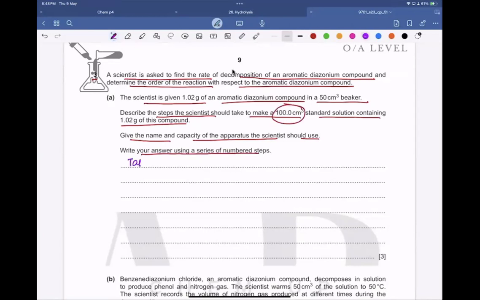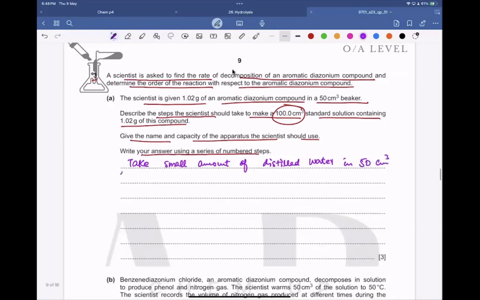So what you will do, take a small amount of distilled water in the 50 centimeter cube beaker and dissolve 1.02 gram of the aromatic diazonium compound in it.